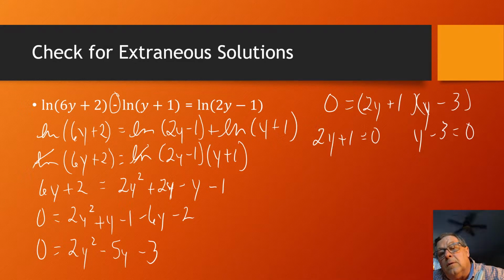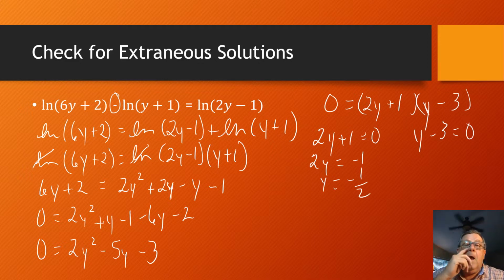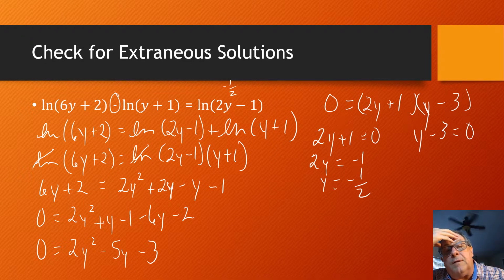And then we'd have 2y equals negative 1, y equals negative 1/2. And then if I look at this negative 1/2, let's say I plug in negative 1/2 for y right there. Well, 2 times negative 1/2 is negative 1.